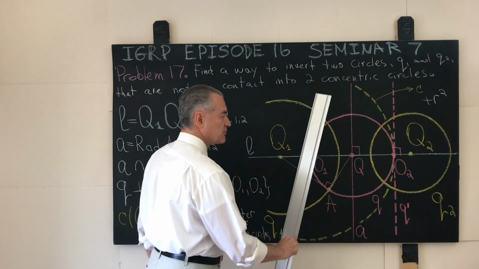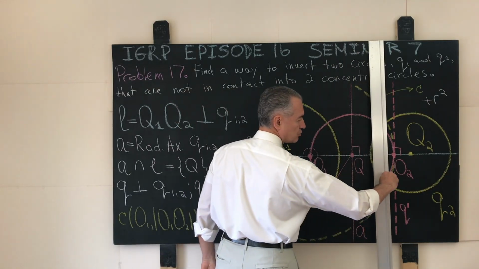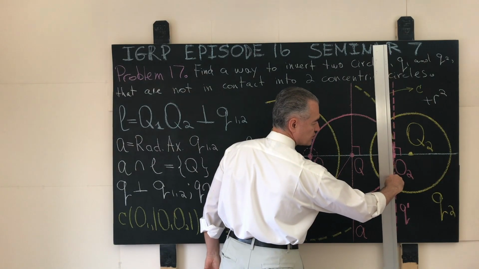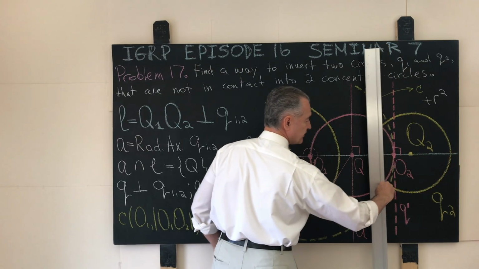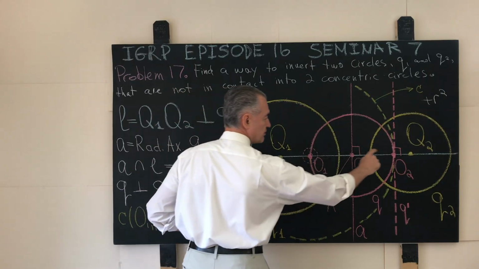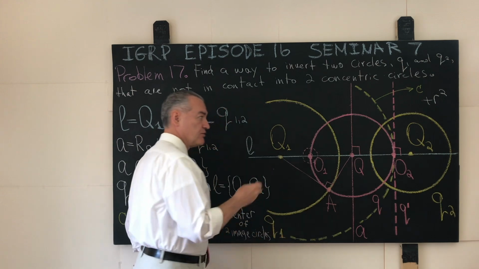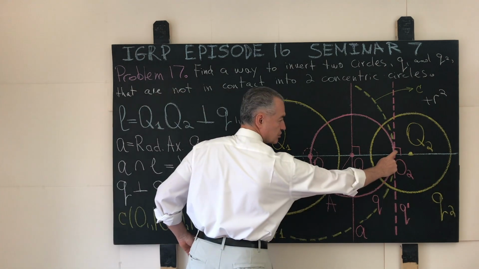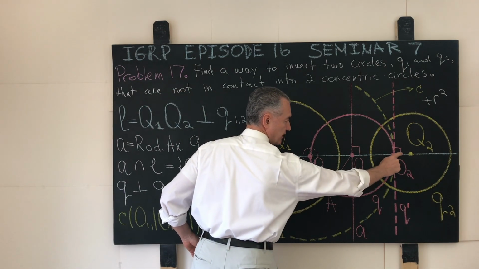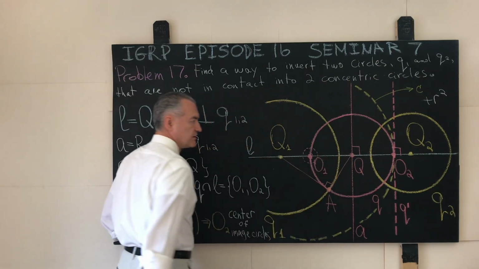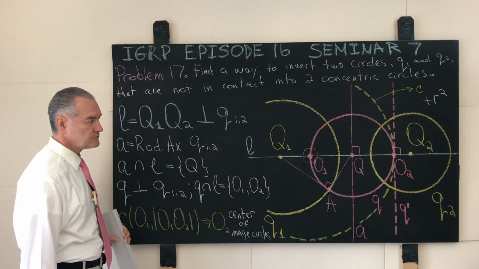Well, that straight line must be tangent to the circle of inversion at the point of tangency right here, and that means that it must be perpendicular to the corresponding radius, which is housed by this straight line of centers. So that must be the case, as is shown over here with a square angle sign, as it is over here as well.